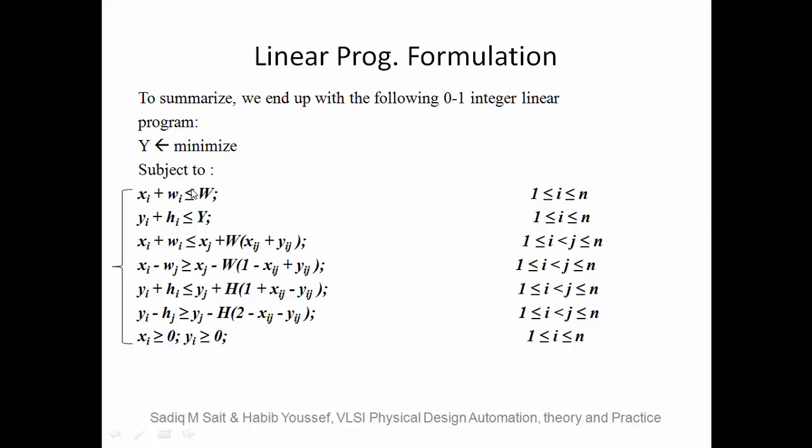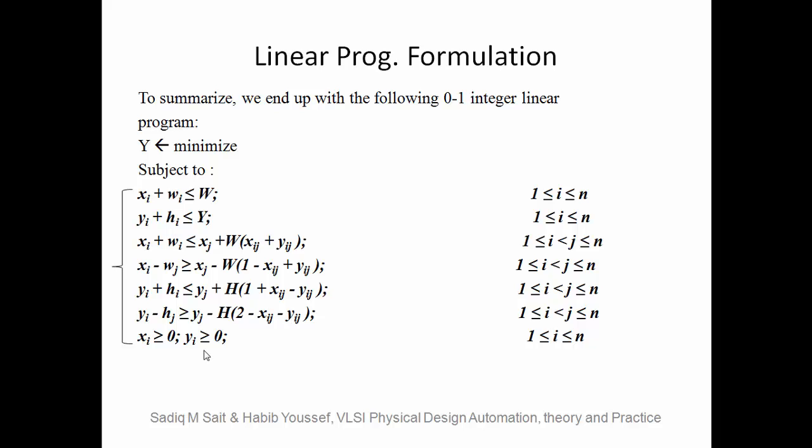So these two conditions make sure that the modules are not so far apart, and the next four conditions we have already seen make sure that no two modules overlap, for all modules i and j, where n is the total number of modules. And the last condition, xi greater than 0 and yi greater than 0, makes sure that all the modules are in the first quadrant.